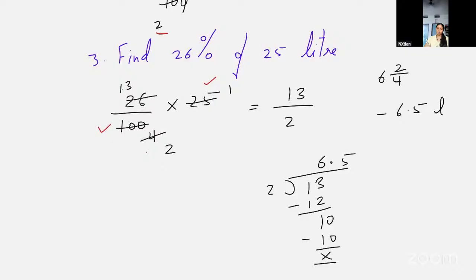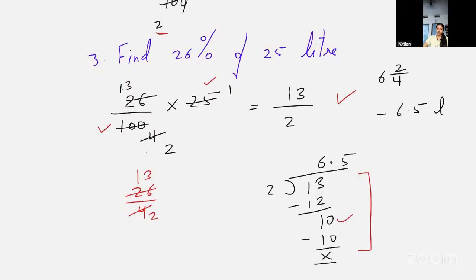So 4 came. Then I got 26 upon 4. Then I cancelled 26 and 4 with the table of 2. So 2 twos are 4, 2 thirteens are 26. Then I got 13 by 2. Then for the division, I divided 13 by 2. First I got 6, 2 sixes are 12, put a decimal, put a 0 here.